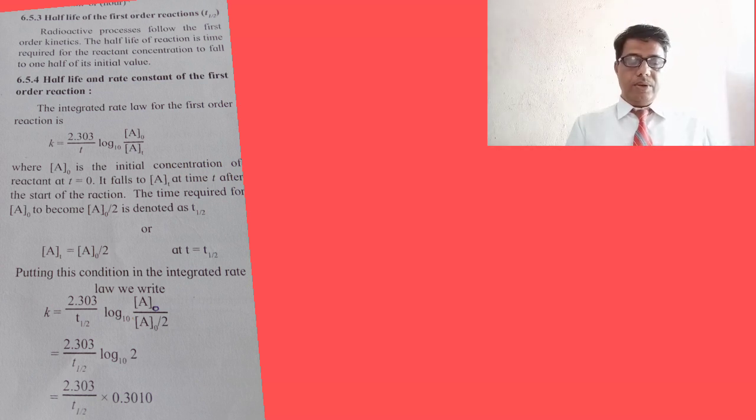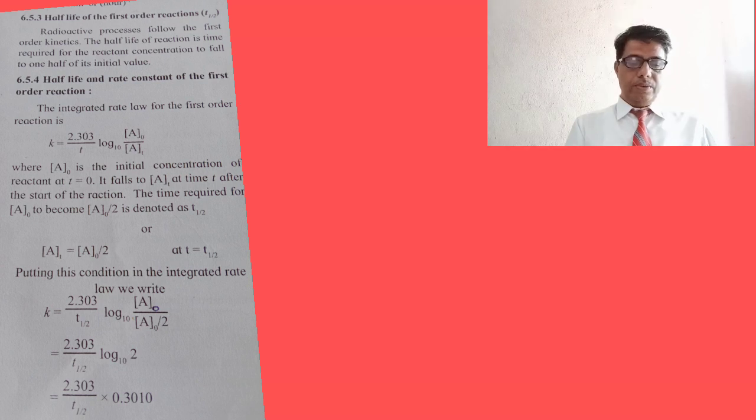Now we have to solve this equation: 2.303 upon T half log 2. As it is in the denominator, it comes in the numerator as 2, and A0 gets cancelled. So the next step is 2.303 upon T half is equal to 0.3010, that is the log of 2 to the base 10.